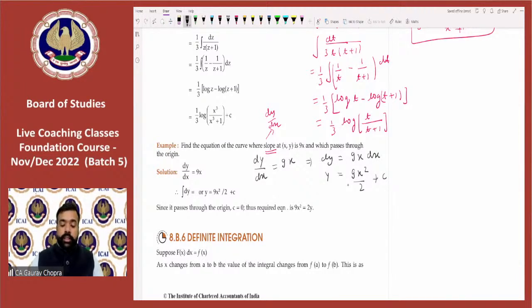Now the question says that it passes through the origin. Whenever it passes through the origin, the value of the constant becomes 0. So there is no need to write this c. We can remove this constant because it is passing through the origin. So what will be the final result? 2y is equal to 9x square. This is the required equation.